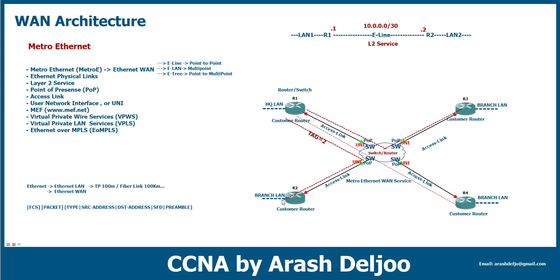The service provider can forward it to router 2, and then when you are attaching tag 4, the traffic should be sent to, for example, the branch 4. And also when you are attaching tag 3, the service provider should send this traffic to, for example, the branch 3. So easy.